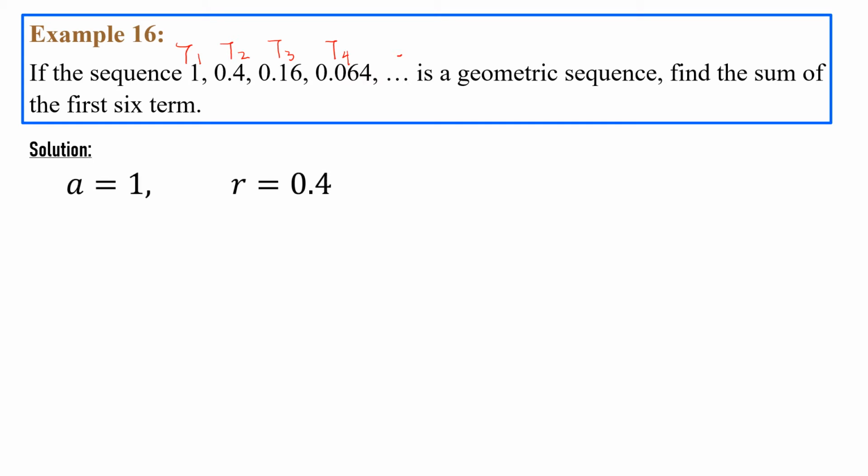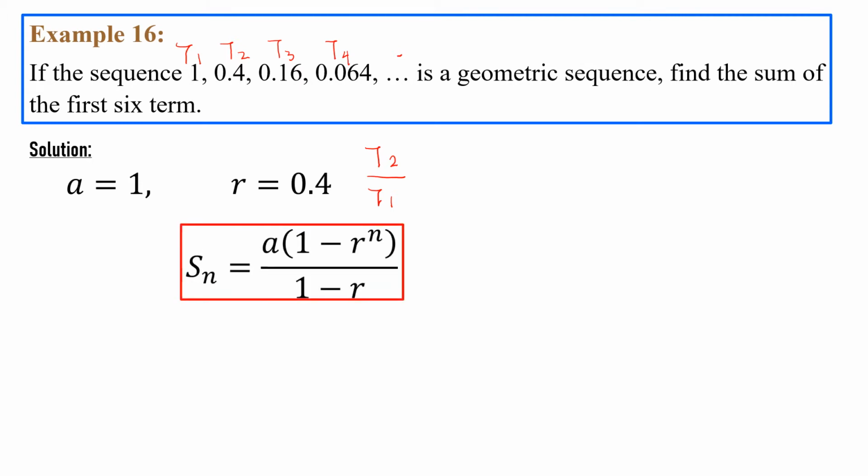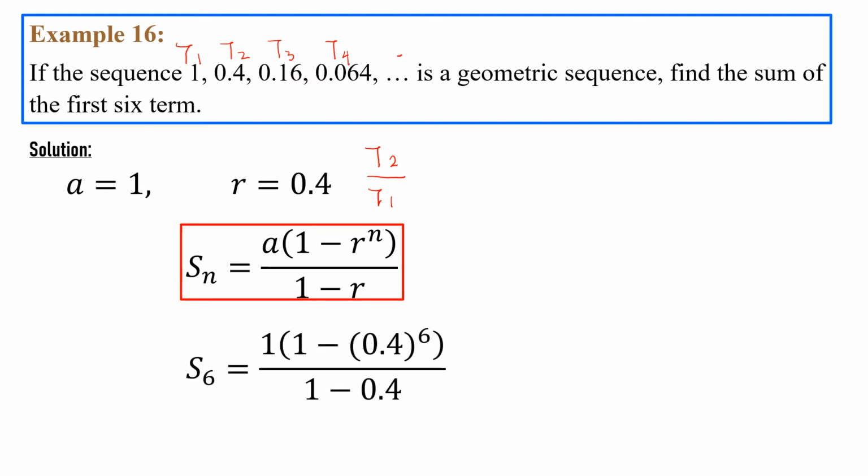So we have A equal to 1 and R equal to 0.4. How to get R? T2 divided by T1. So now, to get the sum of the first 6 terms, or S6, we use this formula. Just substitute the values of A, R, and N. Then calculate, we get S6 equal to 1.65984.